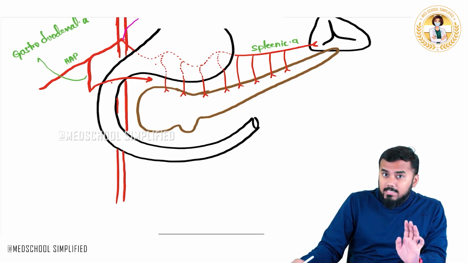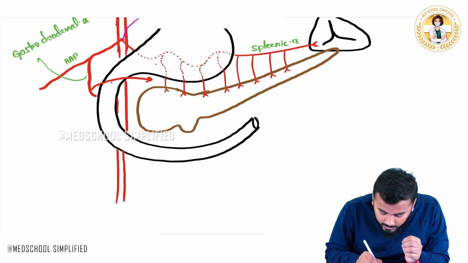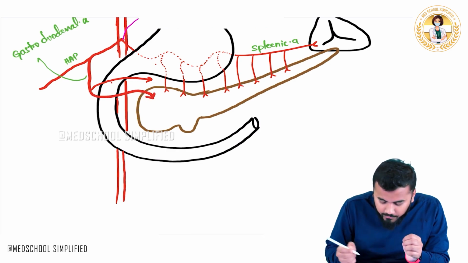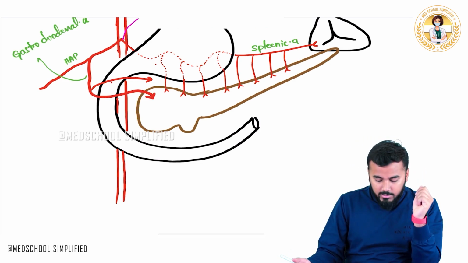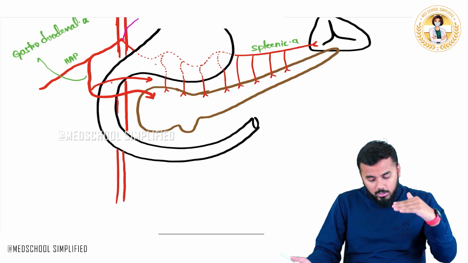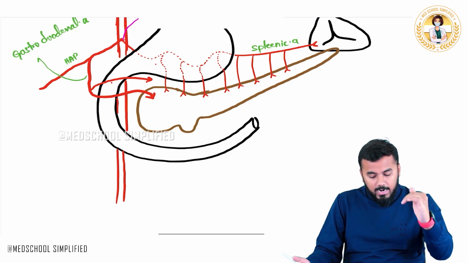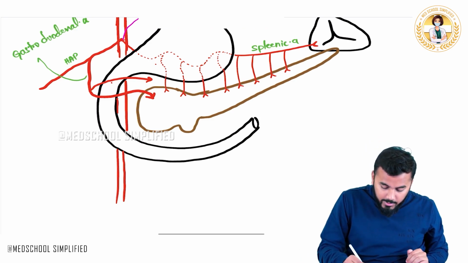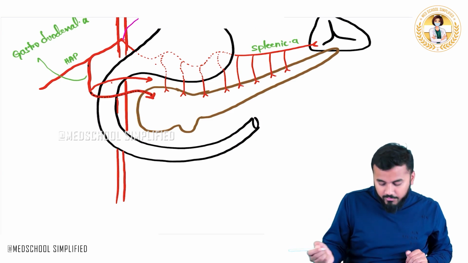The other branch that is important for us is this one. There is another branch of gastroduodenal artery which goes and supplies the top of the pancreas. Now this artery is crossing the duodenum and going to the pancreas, right? Let me make a dotted line. You see, this artery is crossing the duodenum and going on to the top of the pancreas.